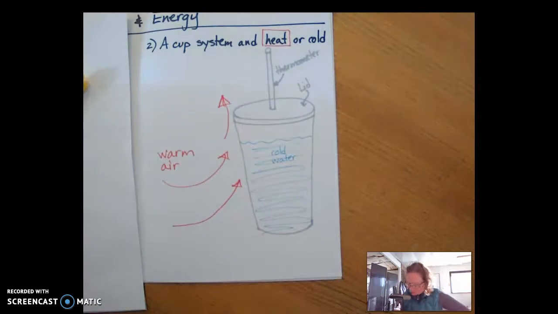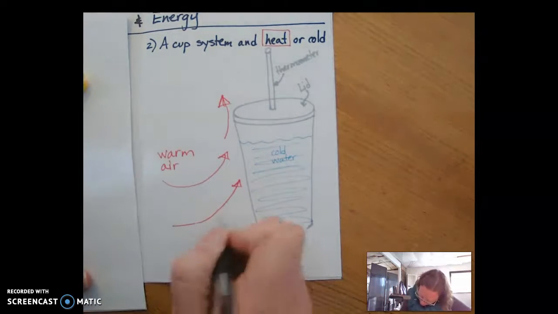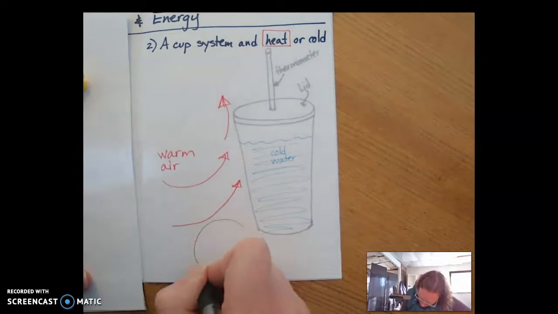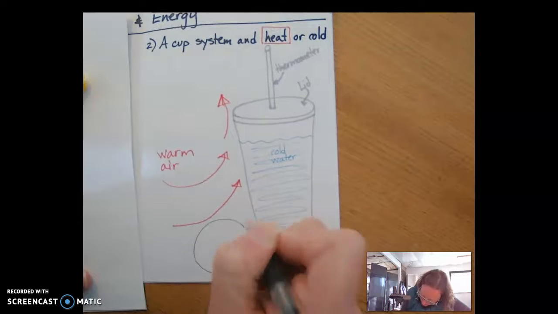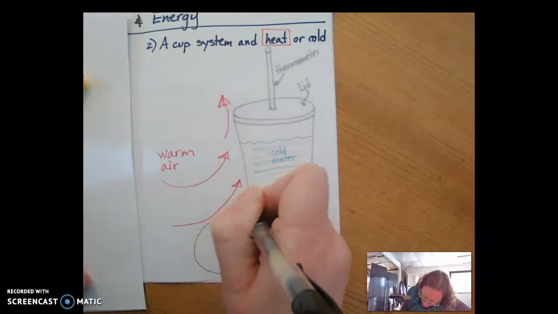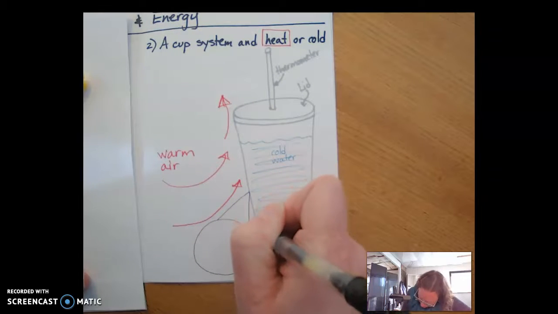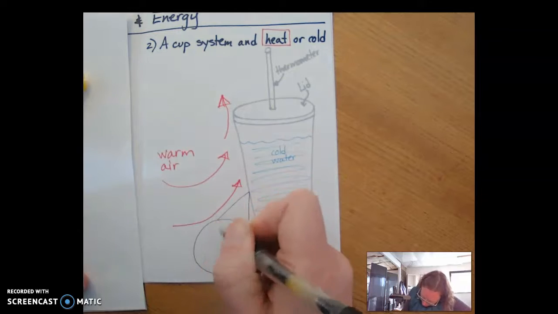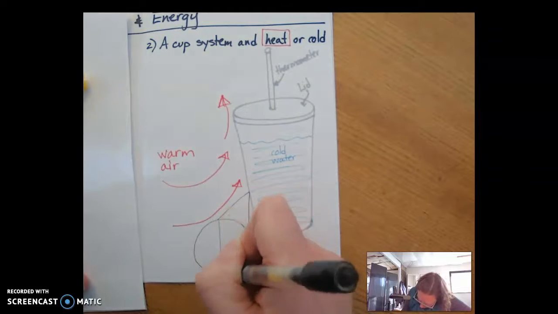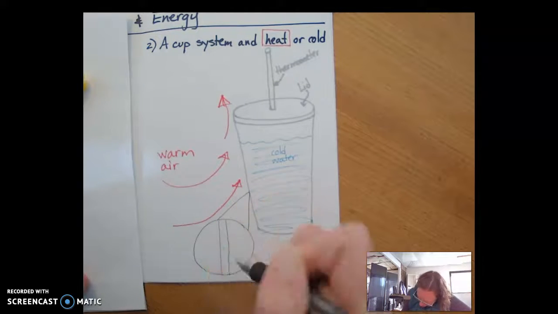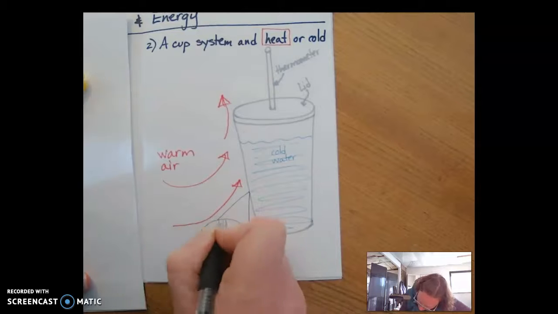Okay, so let's zoom in and talk about what that might look like. So we'll make a zoom in circle here. What does it look like? Here's our cup wall.